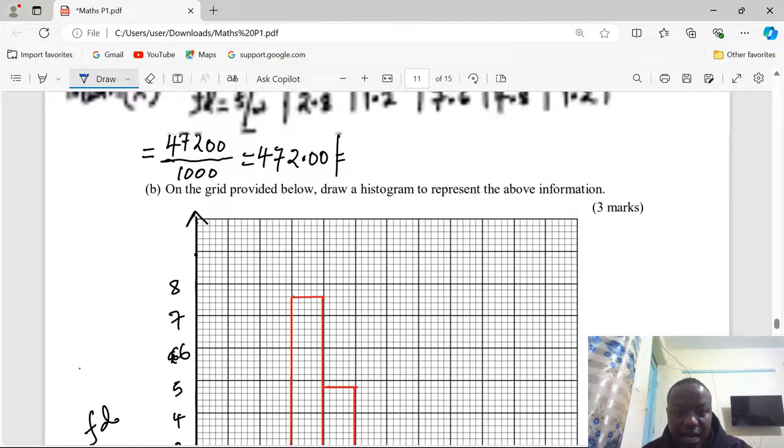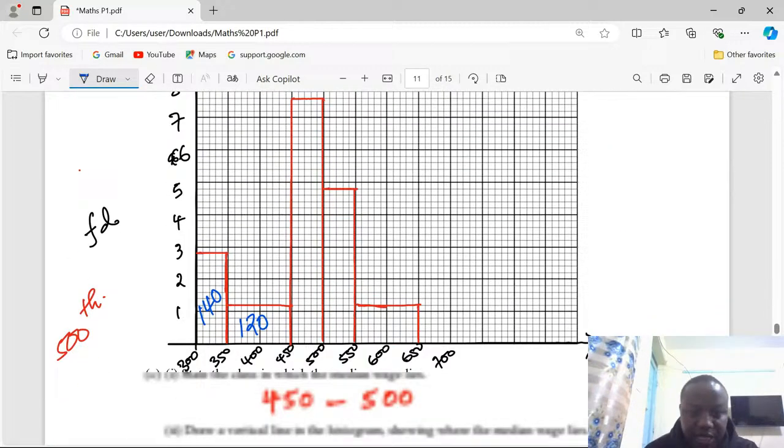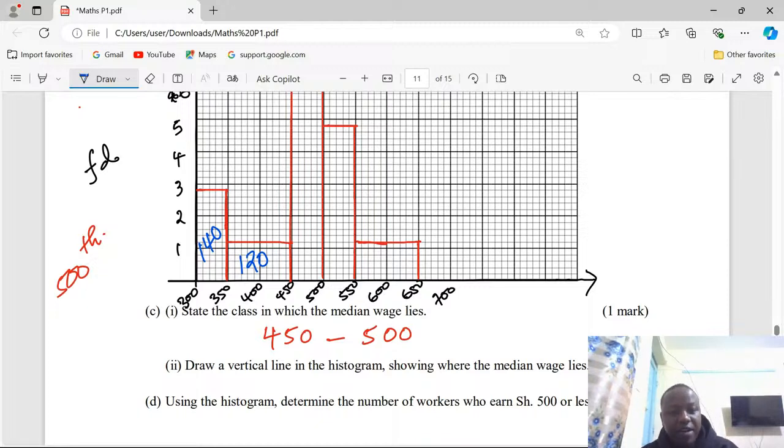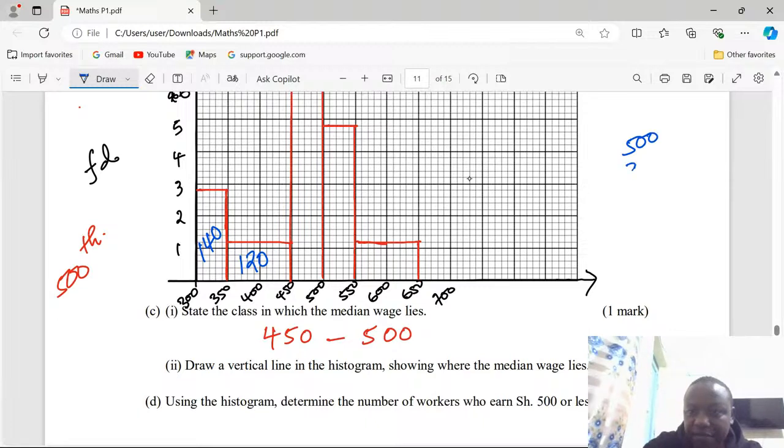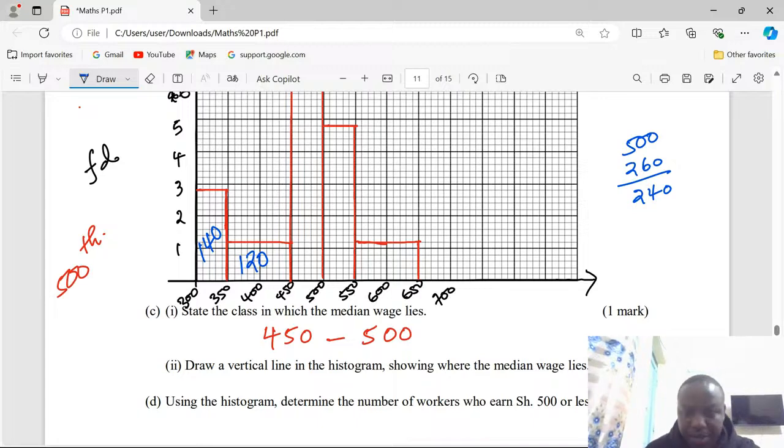Now in the median class, we will say that 140 plus 120, we are already at 260. With 260, and we want the area representing 500, it means there is still an area of 240 which is supposed to be added.